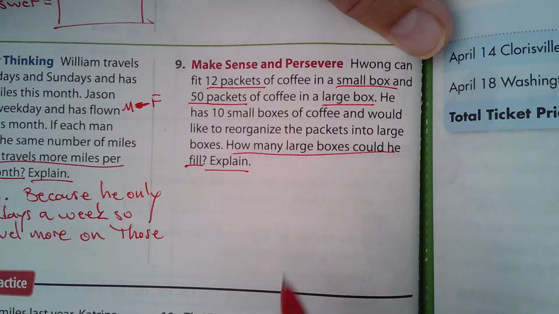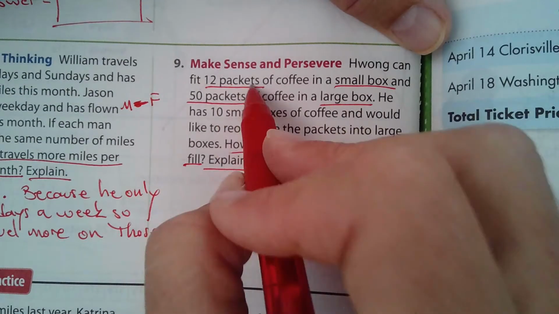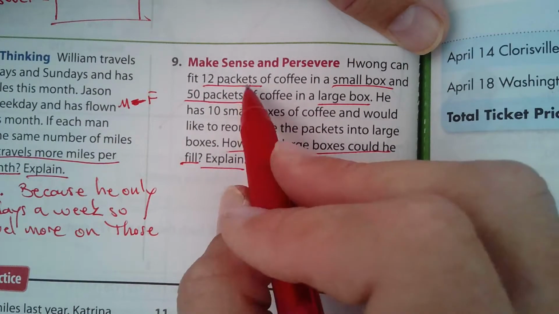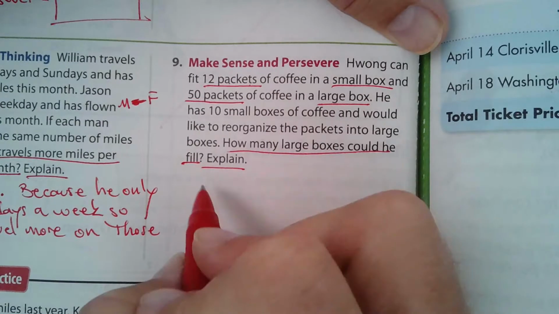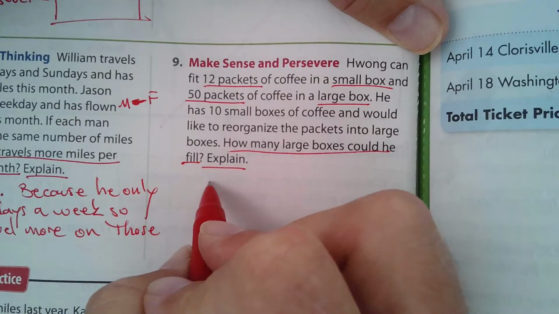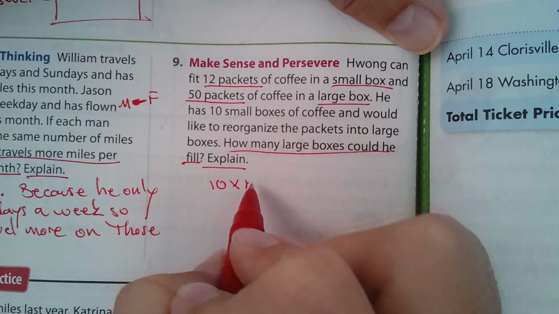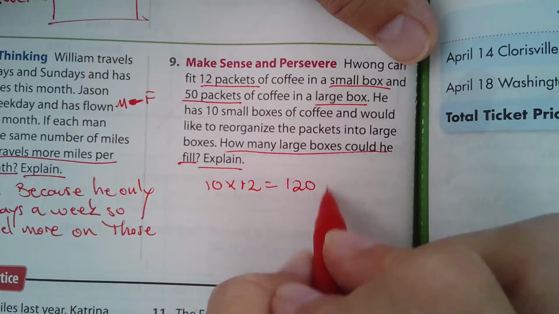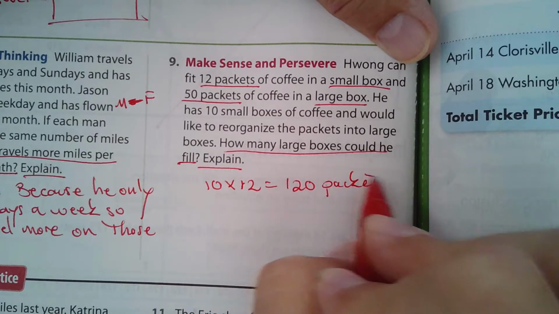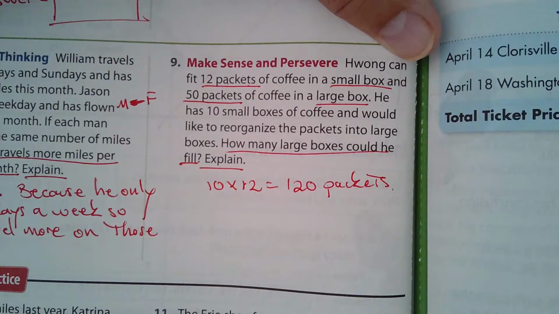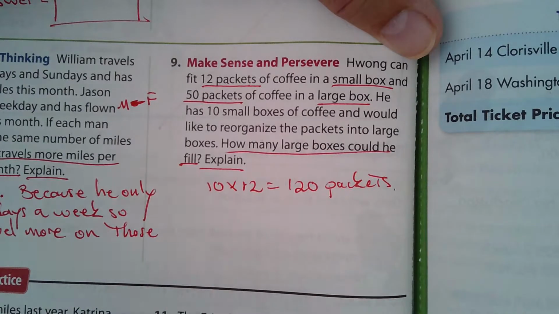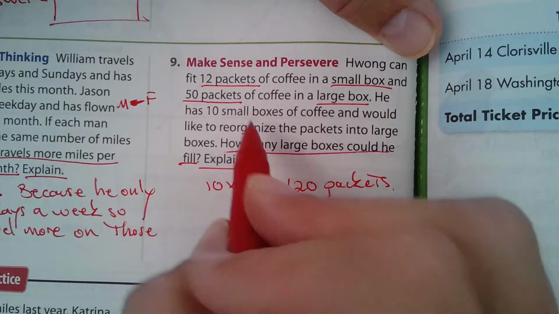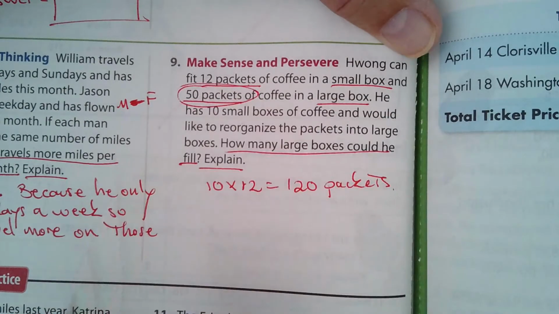So there's 2 things we have to do. First off, 12 packets, and he has 10 small boxes. So what is 10 times 12? That's 120 packets. And then it says, how many large boxes could he fill? Well, a large box holds 50 packets.